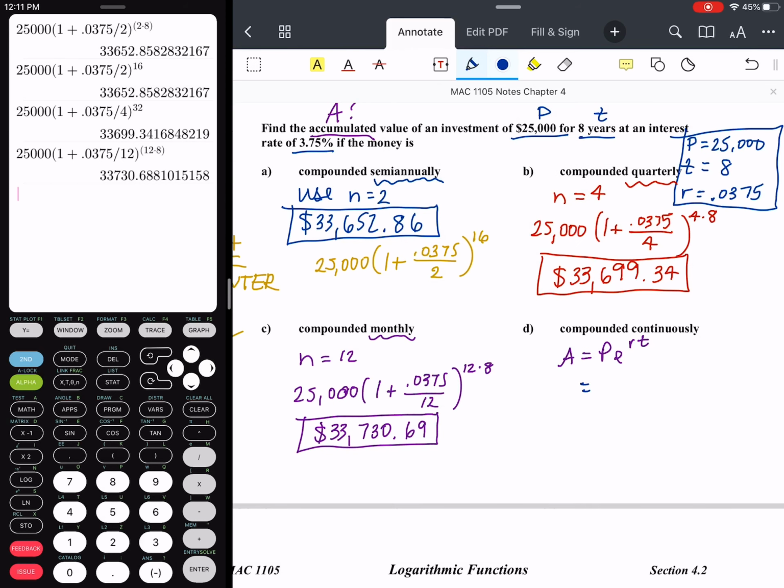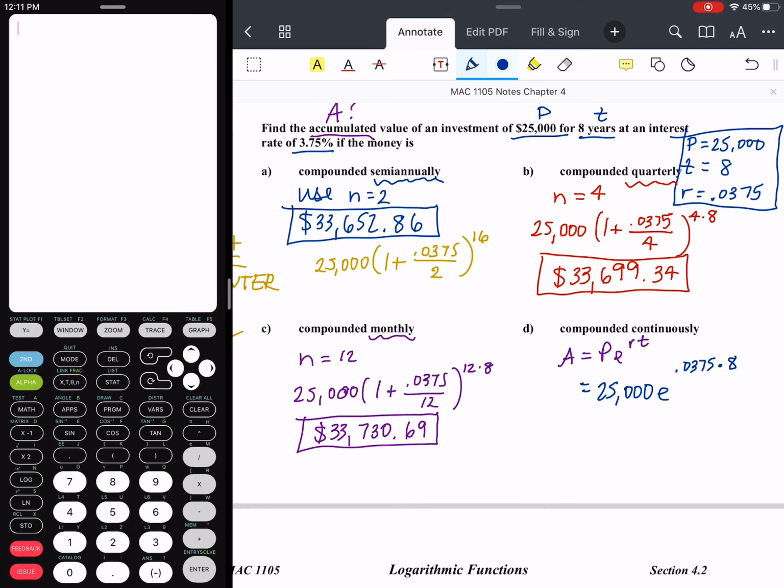So in our calculator, we want this to say our principal of 25,000, base e raised to the power 0.0375 times 8. So let me clear all this out. I'm going to start from scratch here because it's a really different formula. 25,000 times e, so second and the ln key to pull your constant e up.